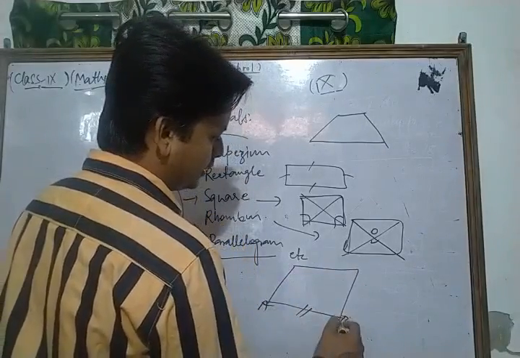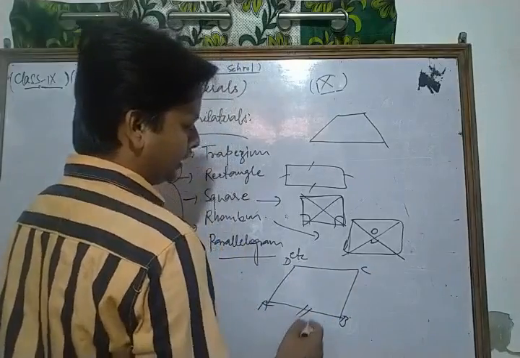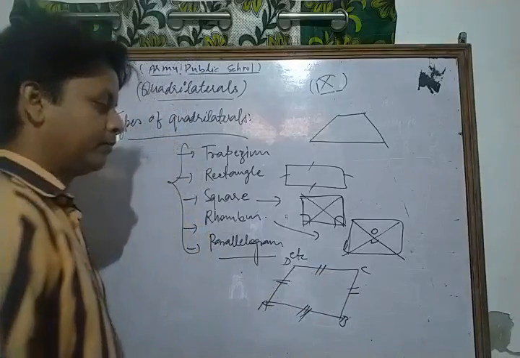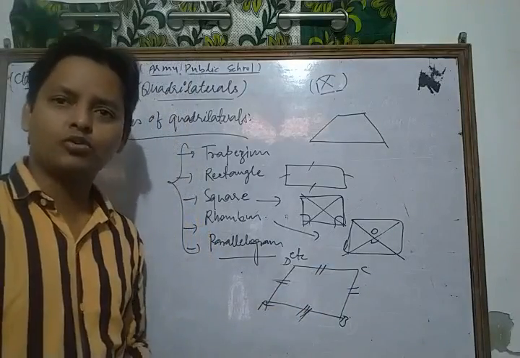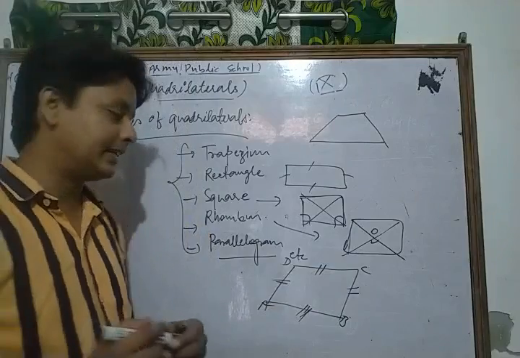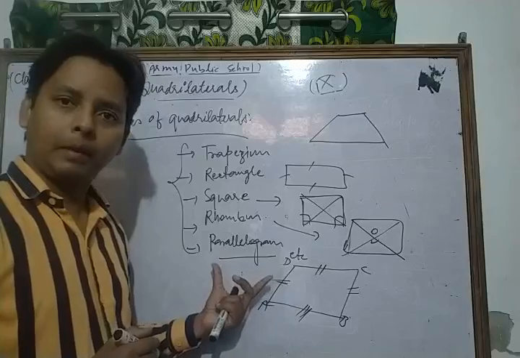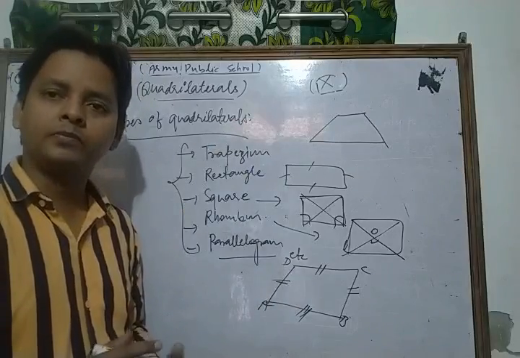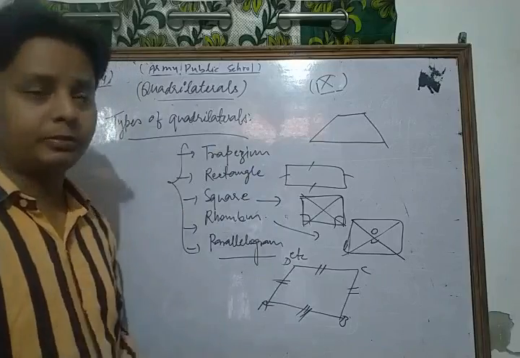Means if ABCD is a parallelogram, then AB is parallel to CD and BC is parallel to DA. If opposite sides of a quadrilateral are parallel to each other, then it is said to be a parallelogram. So these are some important types of quadrilaterals discussed in this chapter.